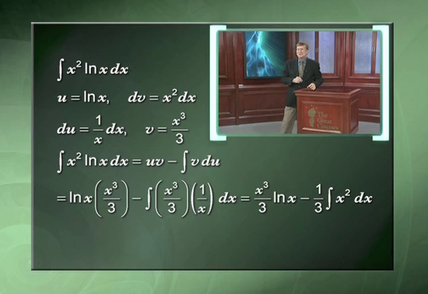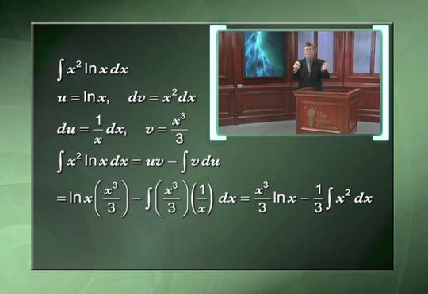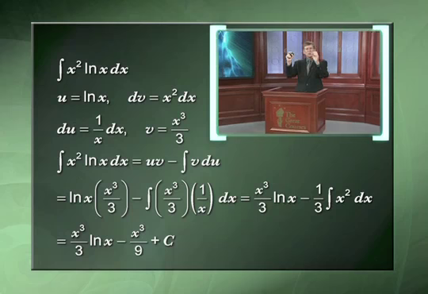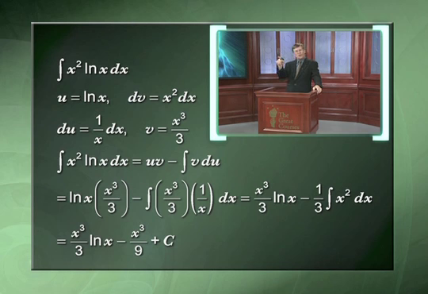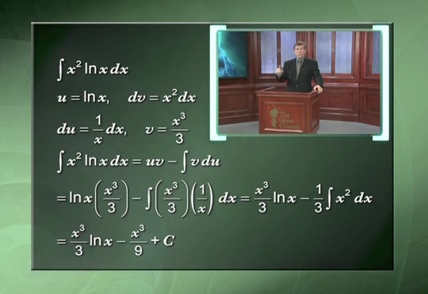And you smile and say, yes. The antiderivative of x squared is x cubed over 3. So the final answer is x cubed over 3 log x minus x cubed over 9. The 9 is from the 1/3 out front, and the x cubed over 3. So that's the final answer, plus an arbitrary constant.